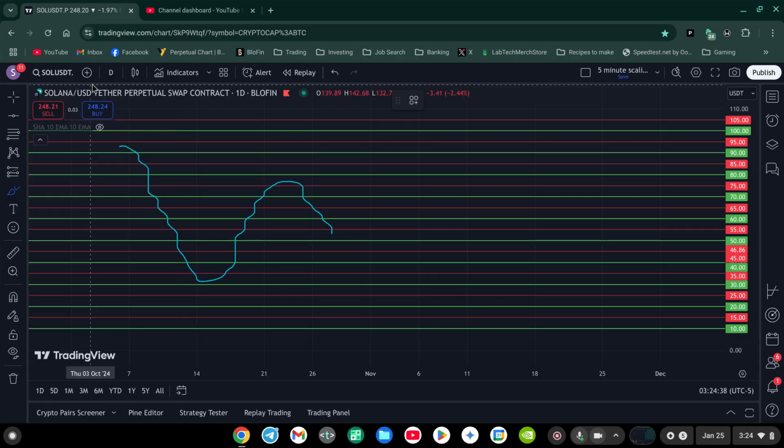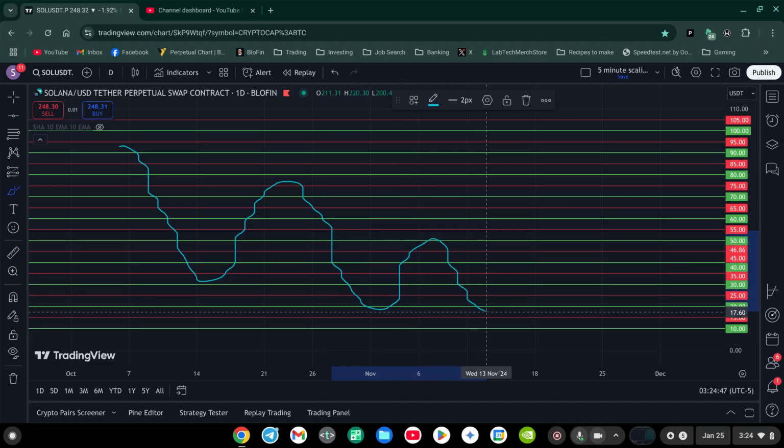Where's my brush? Yes. And so by doing this over and over again, even if the price goes down like this, your position will be in a loss. You'll still have, for example, this long position right here, which would still be in force and in loss at this point.